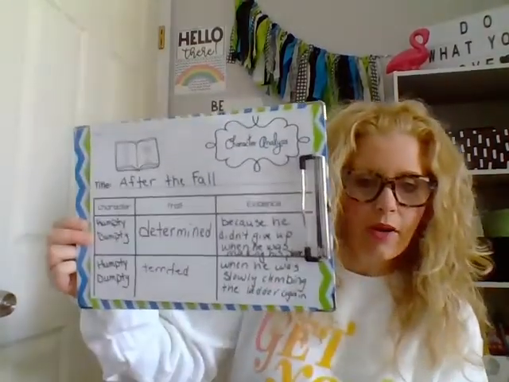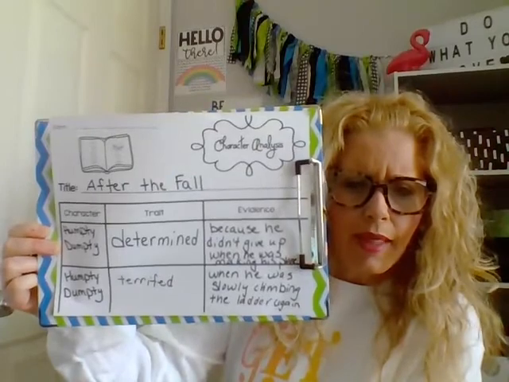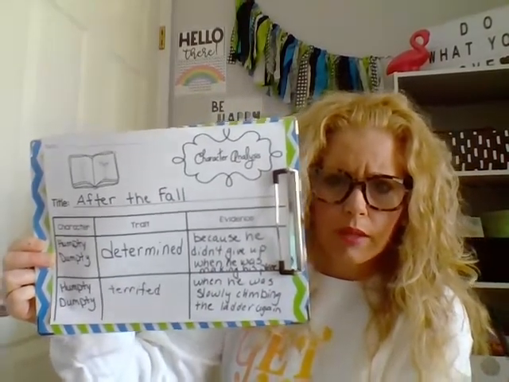So the example of terrified is when he was slowly climbing the ladder again. And here we are. So Humpty Dumpty was terrified, and the evidence is when he was slowly climbing that ladder back up to the top of the wall.